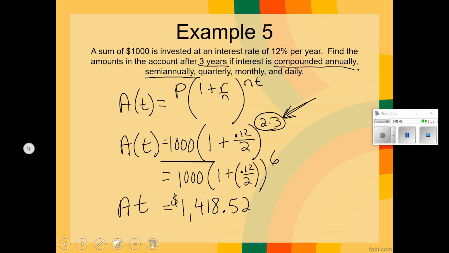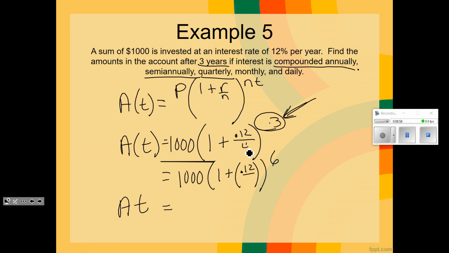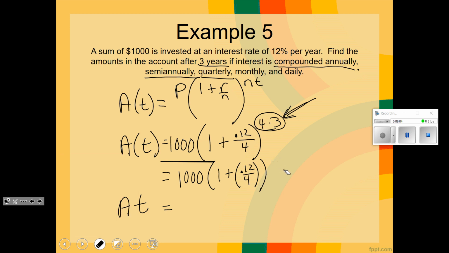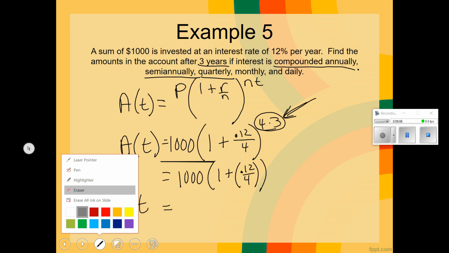All right, so now let's look at what it would be quarterly, meaning how many times a year? So every 3 months? So 4 times a year, so this is going to become a 4. So I'm going to work that part out and make a 12.